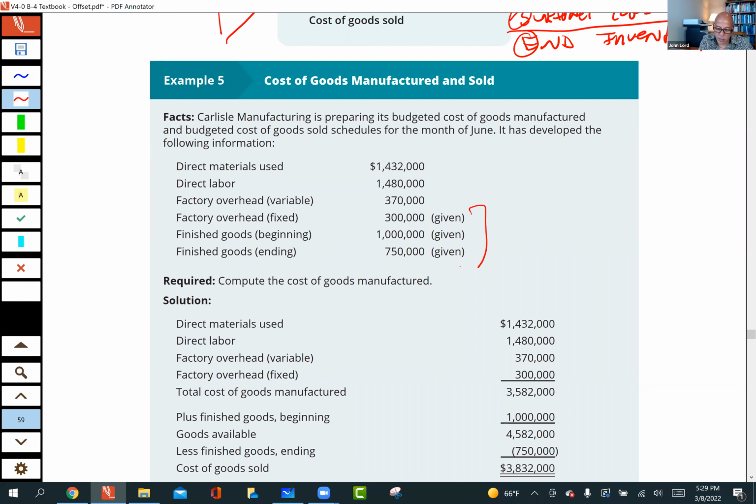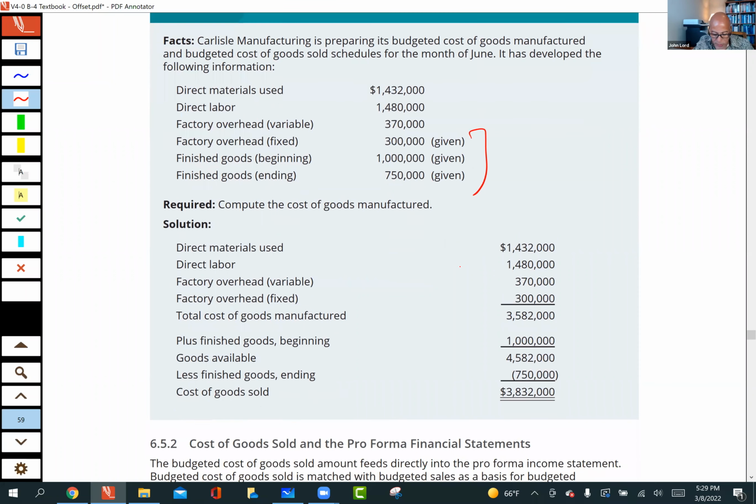That's why they're saying given the fixed factory overhead, the finished goods beginning and the finished goods ending. Notice they have the direct material, direct labor, the factory overhead. That's all my cost of goods manufactured, okay? And that is the amount that was transferred into finished goods. And they're doing it the way that flashcard was showing you.